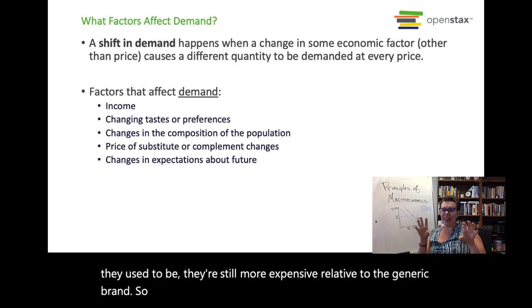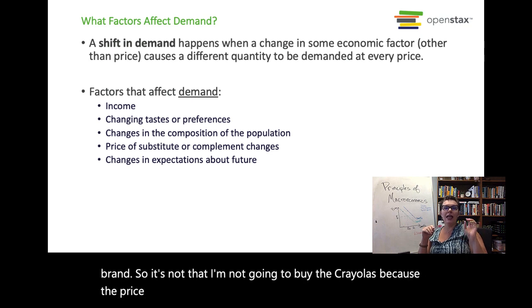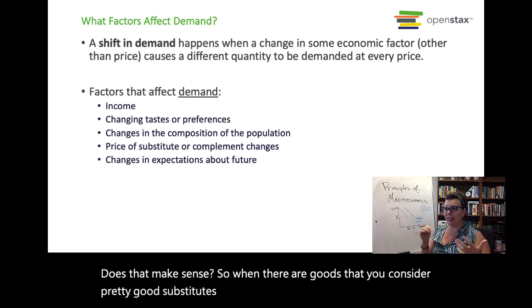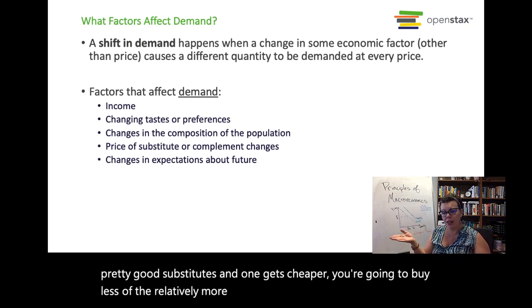So it's not that I'm not going to buy the Crayolas because the price is too high. It's that relative to the substitute, they're too expensive. Does that make sense? So when there are goods that you consider pretty good substitutes and one gets cheaper, you're going to buy less of the relatively more expensive thing.